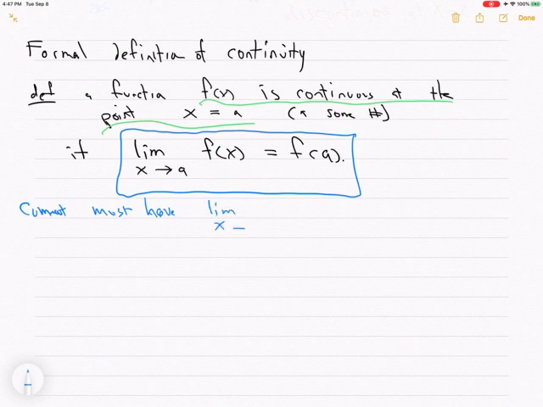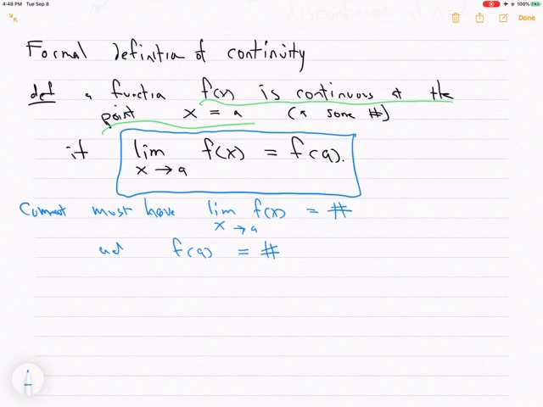So this thing has to be some number, and the right side has to be some number. Okay? So the point is, in order for this to even make sense, the left side and the right side both have to actually equal something, and then they have to be the same thing.